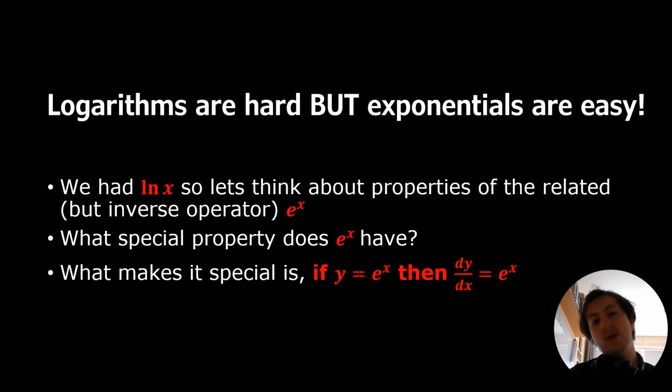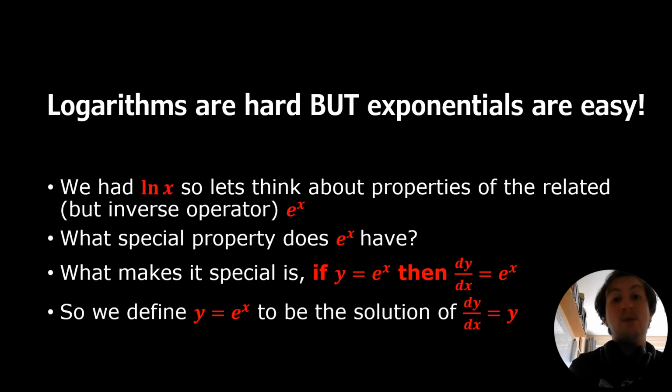Well, the special thing about e to the x is that if we differentiate e to the x, we get back e to the x. So if y is e to the x, then the derivative of y with respect to x is e to the x. So it's a graph where, if you plot it, every point on the graph, the y value of that coordinate is equal to the gradient of the graph at that point.